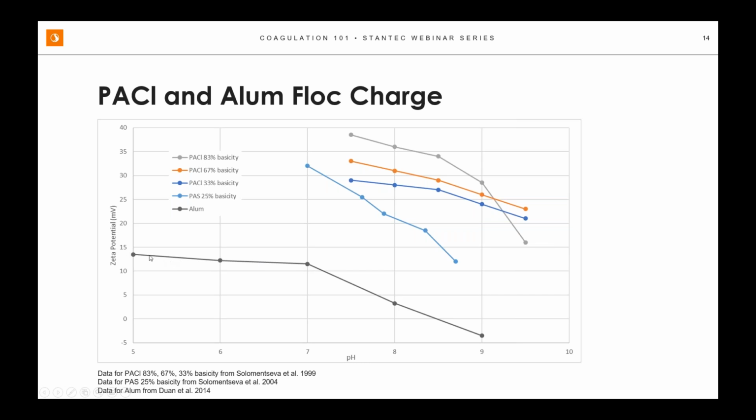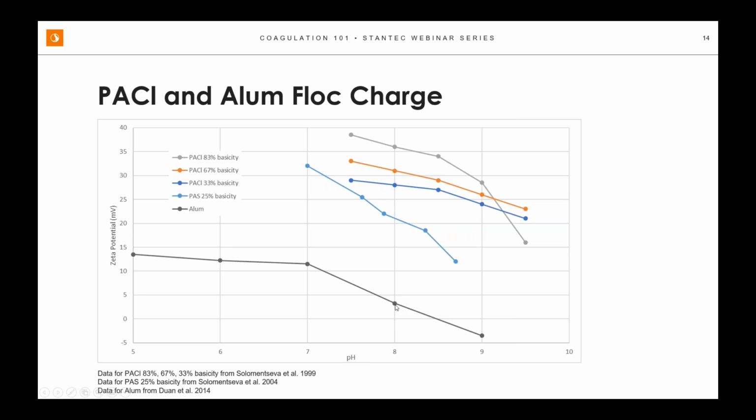If you drop the pH to pH 5, so you're in enhanced coagulation range, that particle charge from this experiment was closer to +15. So it gets better as the pH drops, but look what happens to it as the pH increases. It gets really quite bad.